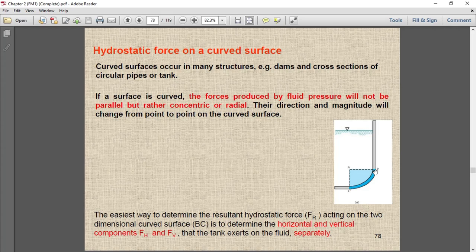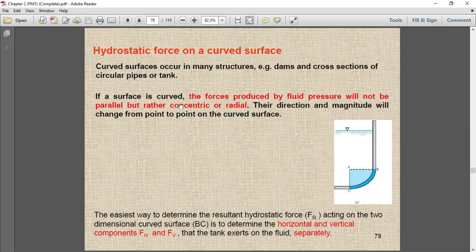But if the surface is curved, and we observe such surfaces in many structures, such as dams, cross sections of circular pipes or tanks, how can we calculate the hydrostatic force and the net resultant force acting on the curved surface?